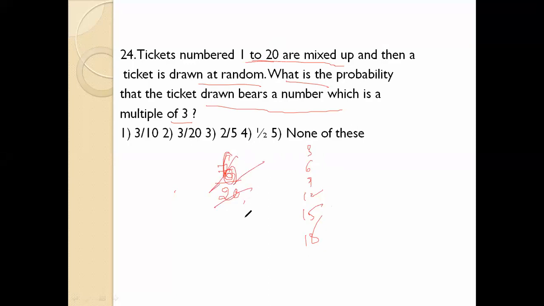Simplifying, 3 twos are 6, 3 tens are 30, so 3 by 10. So option number 1 is the right answer.